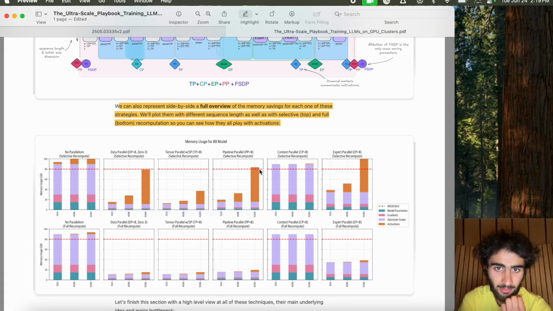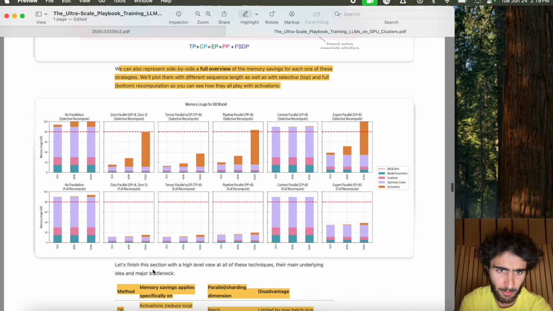And we can see that when you do have full activation recomputation, you're able to fit much larger models, but this is at the cost of more computation. I think it was a 40% increase in computation. In any case, we have all of the parallelism techniques that we've discussed in this example. One thing that's interesting here is that context parallelism doesn't make that much of a difference from no parallelism.